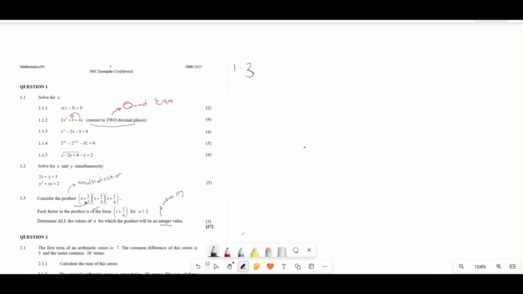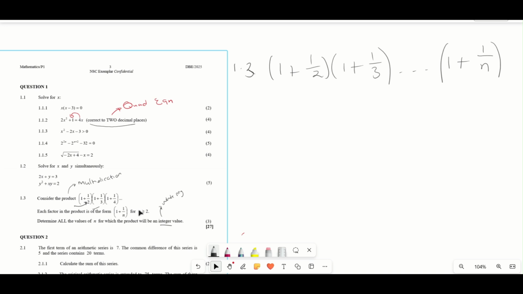Okay. So first of all, let's find our last value. I have 1 plus 1 over 2 times 1 plus 1 over 3 times so on, and then our last value should be 1 plus 1 over n, as given there.